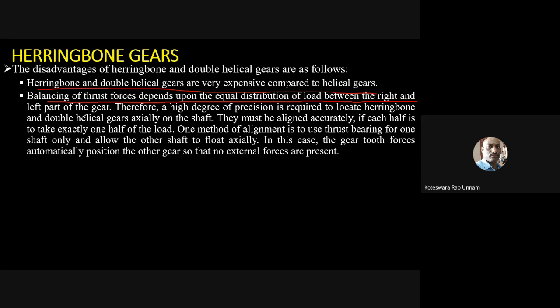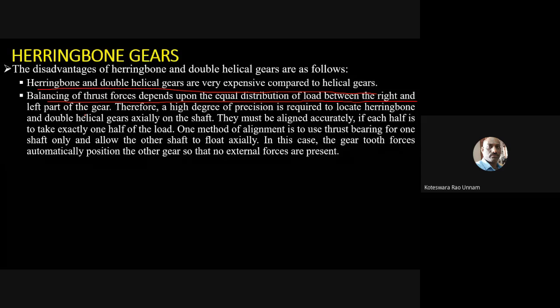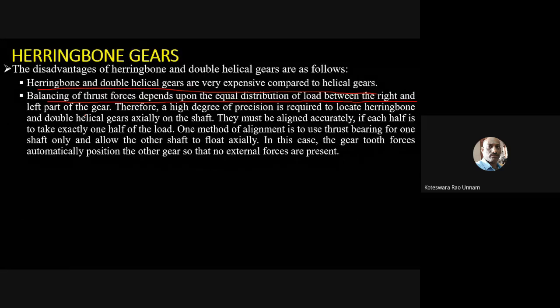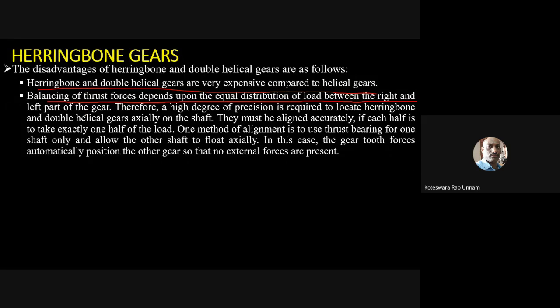If the location of that gear does not exactly match the opposite one, then a resultant thrust force will be there. It is not going to be 0. So you require a high degree of precision in the case of herringbone gears.